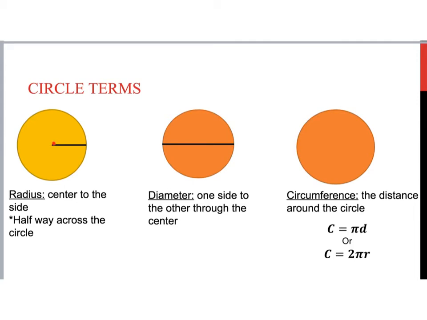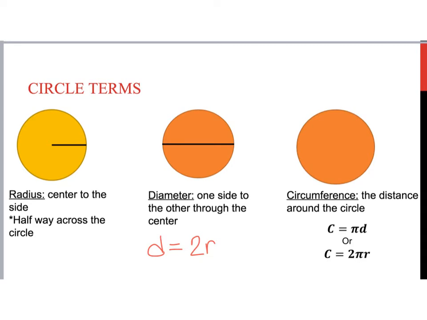We go from the center and it just touches one side, and there's infinitely many radiuses along the circle. Now we have a diameter. The diameter is where you go from one side, go through the center, and hit the other side. We can even write this as the diameter is equal to 2 radii, or 2 times r.